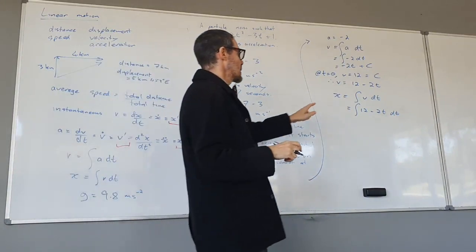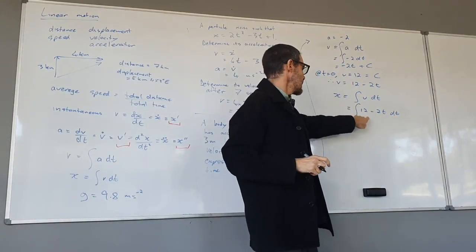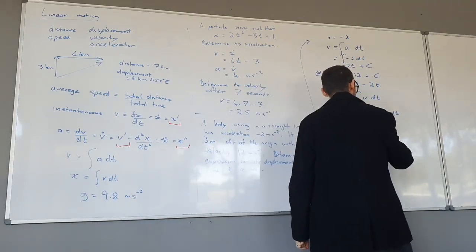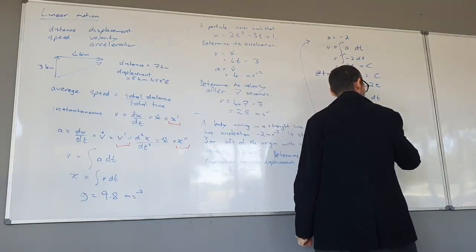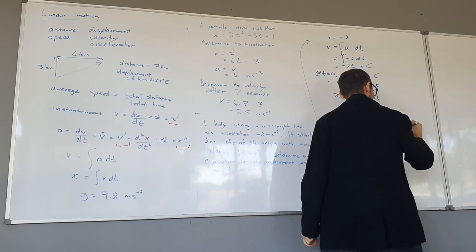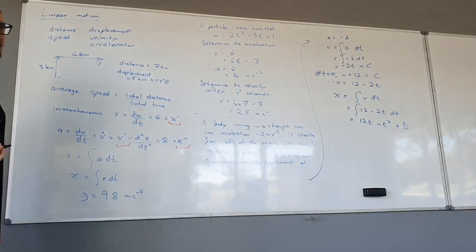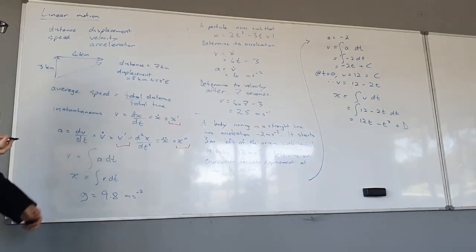It is important you show me you know you're doing an integral, like one of these lines at least. 12t minus t squared plus constant. I used a different letter. You'd probably get away with it, but it's better if you use a different letter. It will be clear enough from context you're talking about a different constant, but just to be clear, I use a different one.